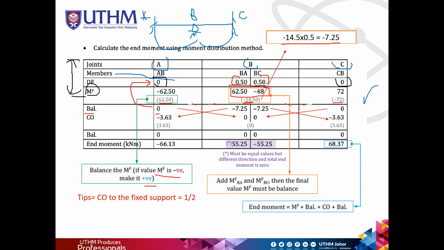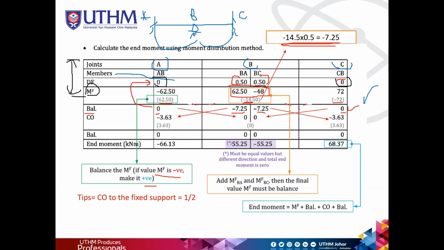Referring to this, that's why we have negative 7.25, because we multiply with the value of the bracket. So that's why we have negative 7 at both sides. And this one is 0, because 72 times 0 times DF, we will have 0.